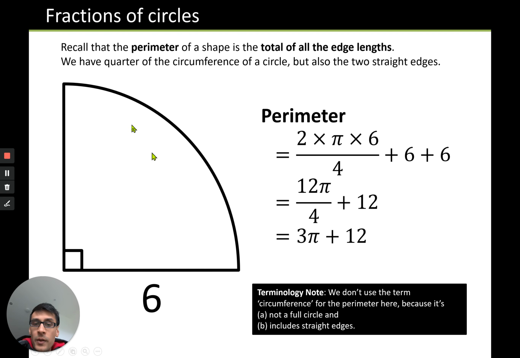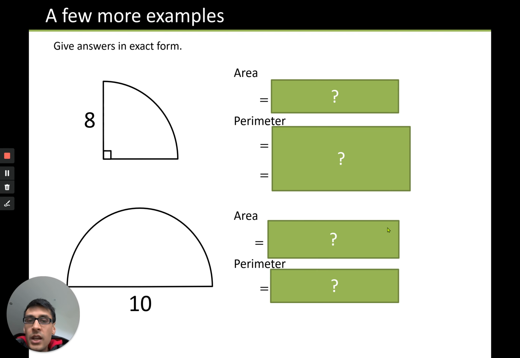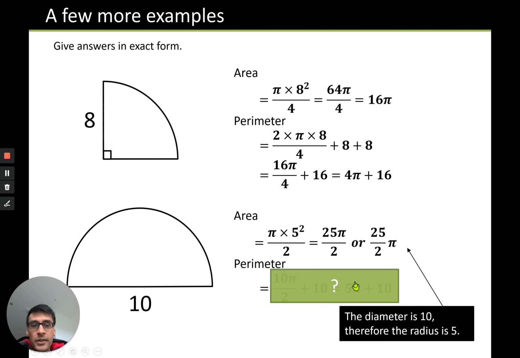That gives you the arc length there. And then for these 2 bits here, you just add 6 and 6, and then you simplify it to get 3 pi plus 12. Have a go with these questions here. Pause the video. Okay, so for area and circumference, here are your answers.